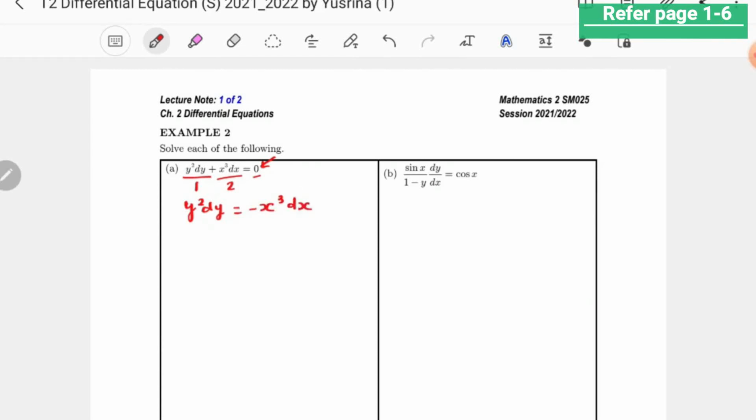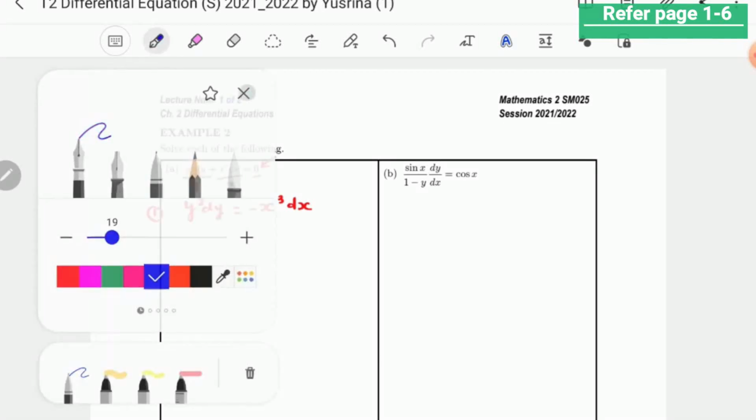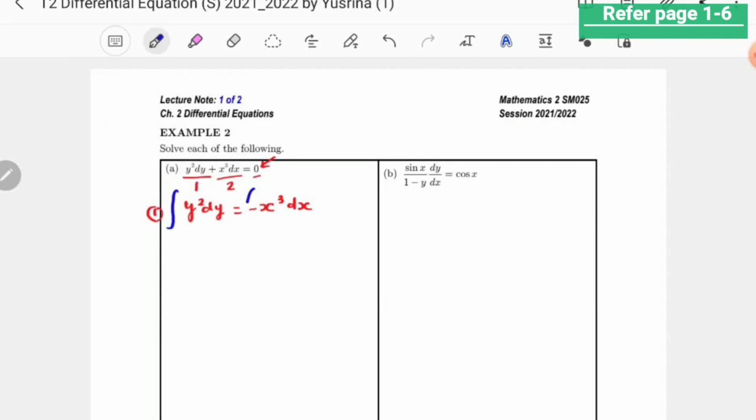Separate the variables first, and then the second step is to integrate both sides. Integrating the left hand side, y squared, we get y cubed over 3, equals integrating negative x cubed, we get negative x to the power of 4 over 4 plus c.